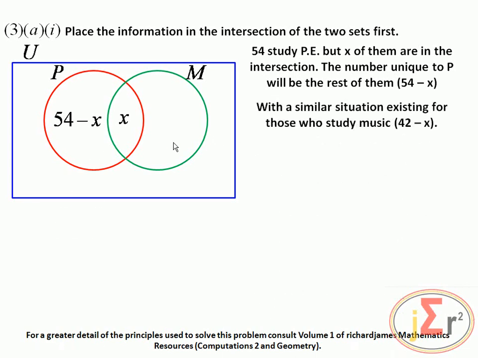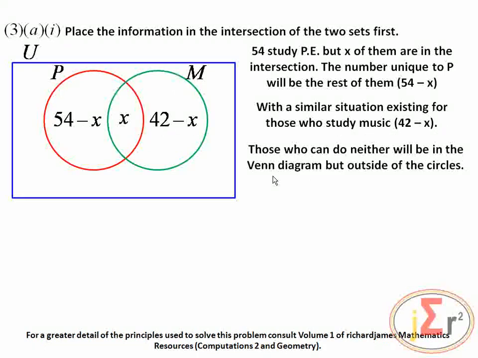And of course, 42 study music, but we have x in the intersection. Those unique to the set of those who study music will be 42 minus x. And do not forget, 6 of them study none of the subjects, therefore they will be placed inside of the Venn diagram, but not in any of the sets that we have there.